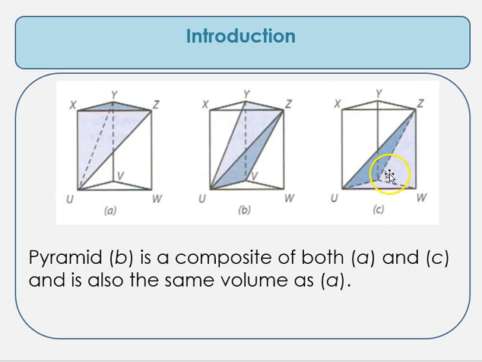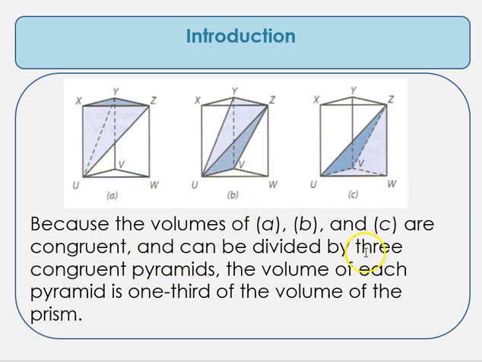And if you go to pyramid C, you can see that this darker piece, ZUV, will also fit in that prism. So essentially B, though it's a composite of both A and C, is also the same volume as A, which means it's also the same volume as C.